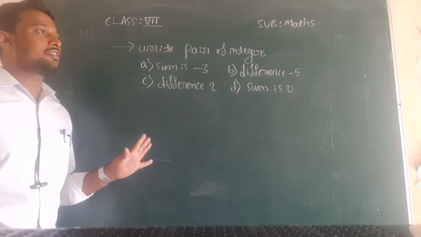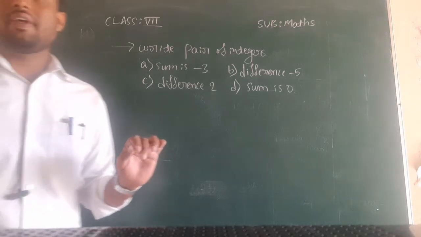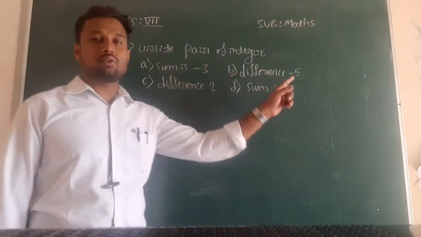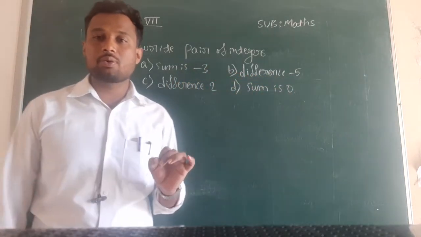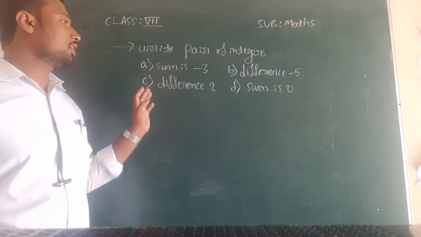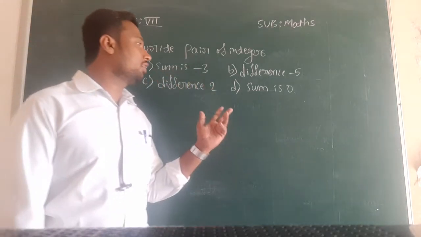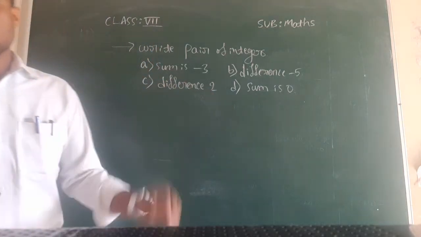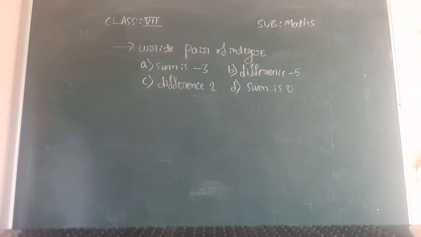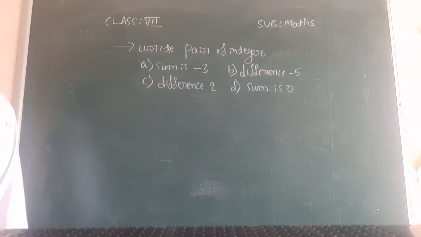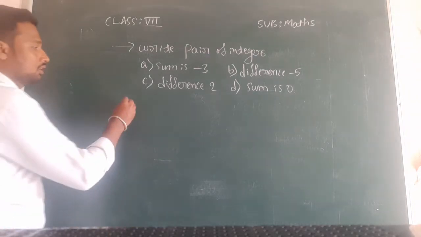Remember that sum always means you have to add, and difference always means you have to subtract. So where they have given sum, you just add 2 integer values, and where they have given difference, you just subtract 2 integer values. So now the sum is minus 3. For this, we have to write a pair of integers. Already they have given it in the solution.